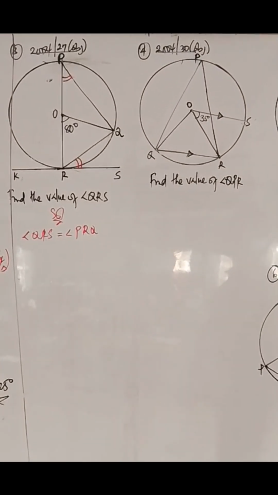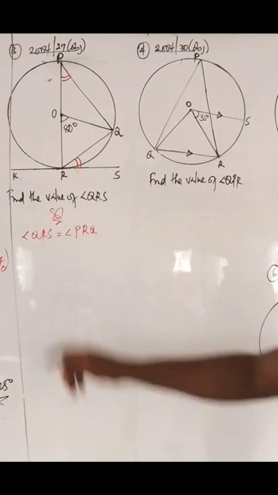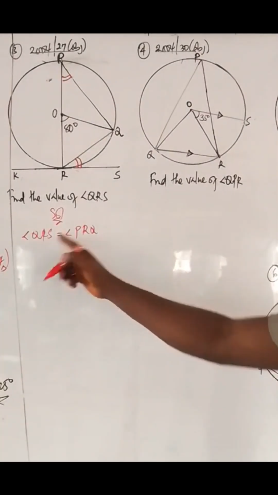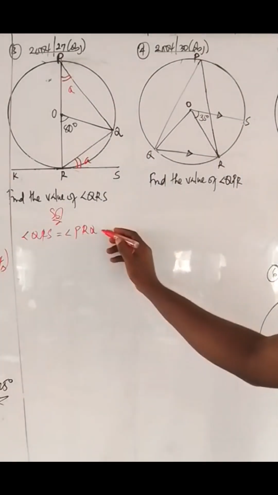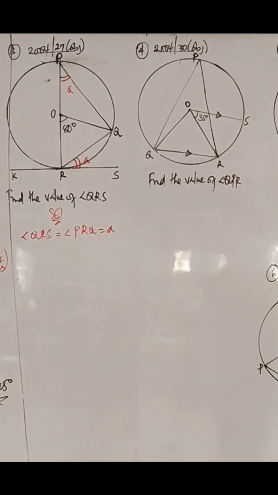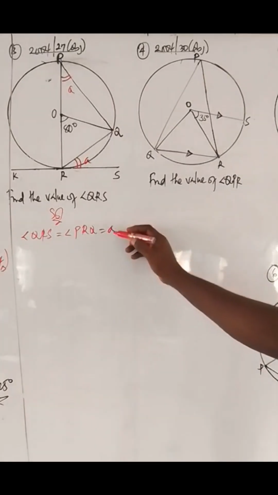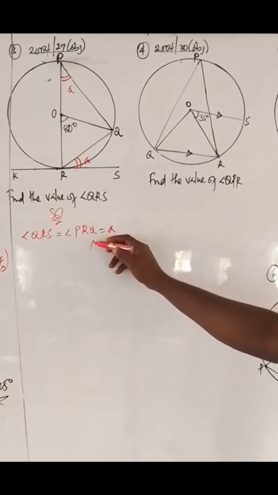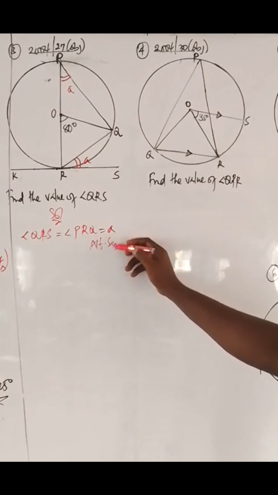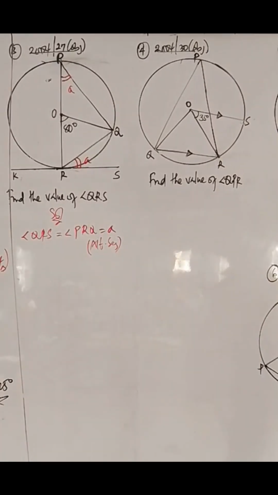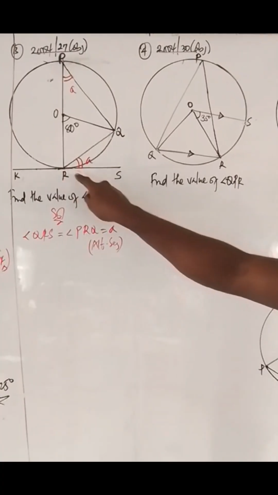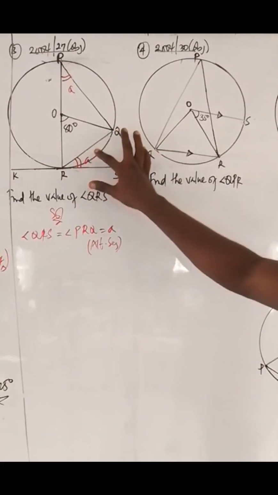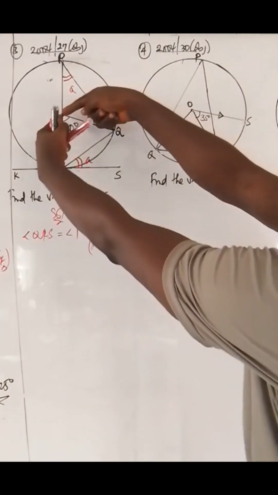Secondly, our aim is to get QRS. So if QRS is A, this also is A. Angles in alternate segments are equal. That's the reason for that. Then, if you look again, this arc RQ subtends this angle at the center.